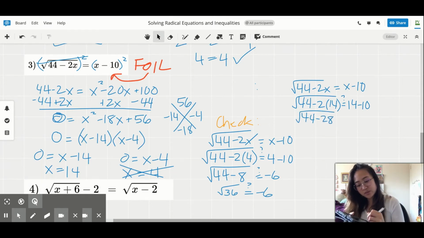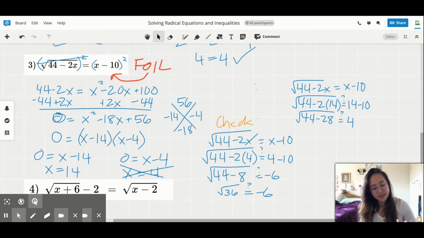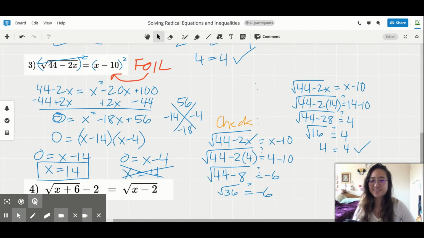Does this equal 4? And we do get the square root of 16 equaling 4, which we know to be true. So we can go ahead and box x equals 14 as our final answer.